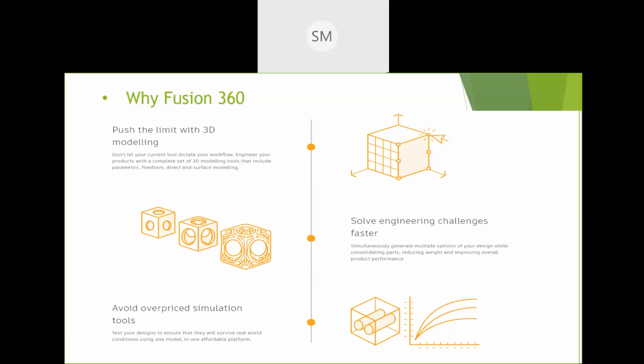AutoCAD and different softwares have many more constraints, but Fusion 360 is much more flexible and user friendly for beginners. Avoid overpriced simulation tools like ANSYS. ANSYS takes around 2 lakhs for the educators license, and Fusion is giving you a free license for students.